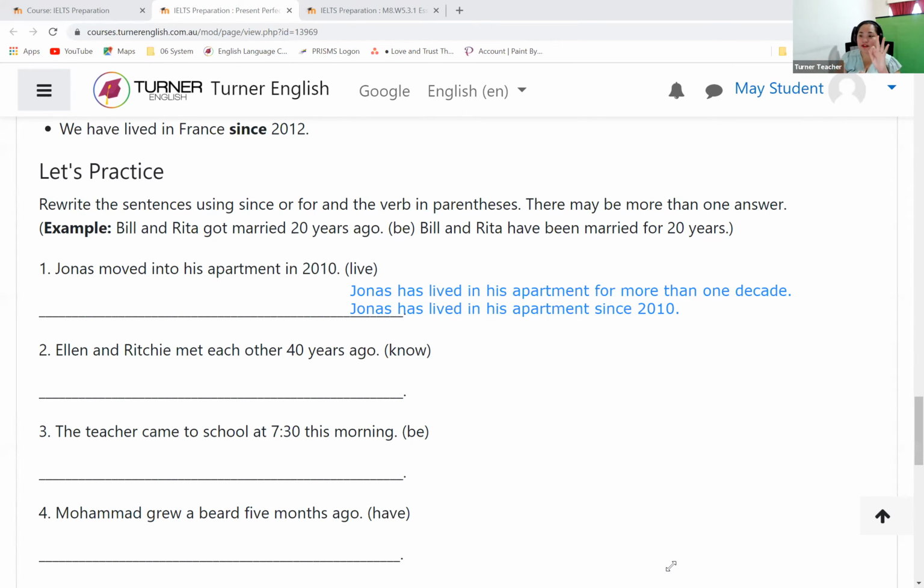Past participle is the third form. Yes, good. Has been. At. Has been. Hi, Manjot. We're just doing some grammar practice.